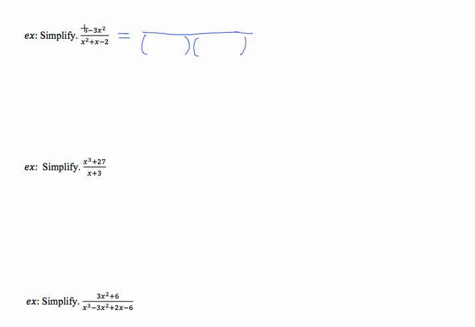But in the numerator, let's see, it looks like we can take out a 3 out of both terms. So we're left with 1 minus x squared. And in the denominator, x squared breaks down into x and x. Negative 2 breaks down into 2 and 1. And we want them to add to positive x, so I'll put the positive with the 2 and the minus with the 1. And you can double check that will FOIL out correctly.